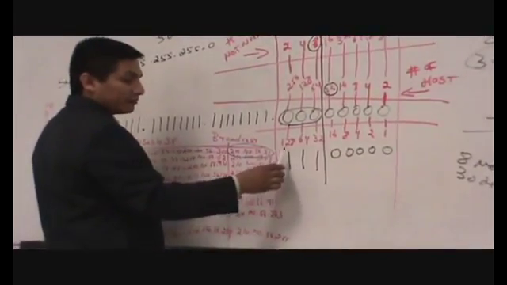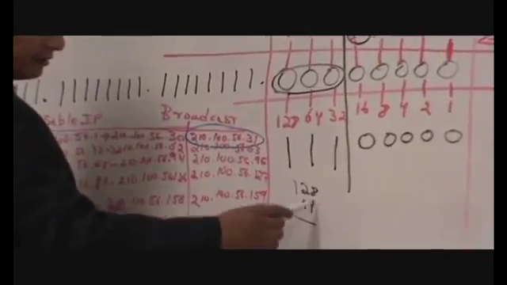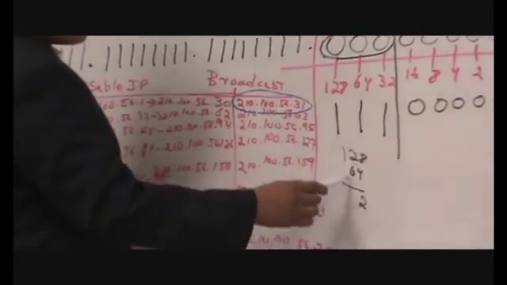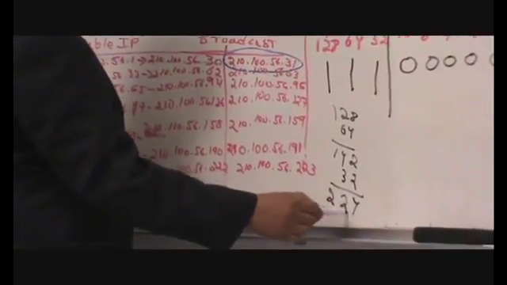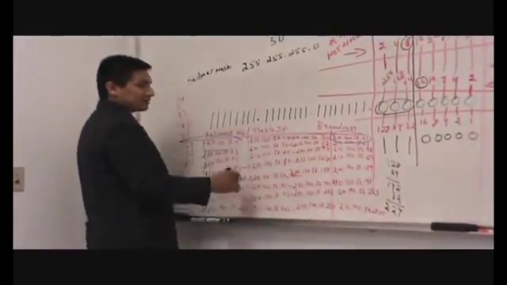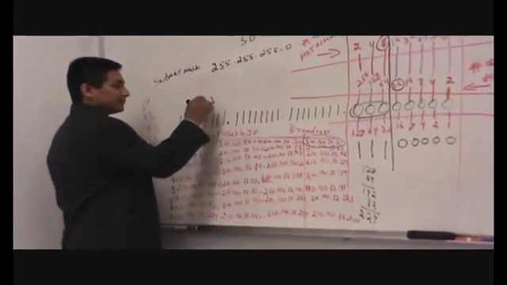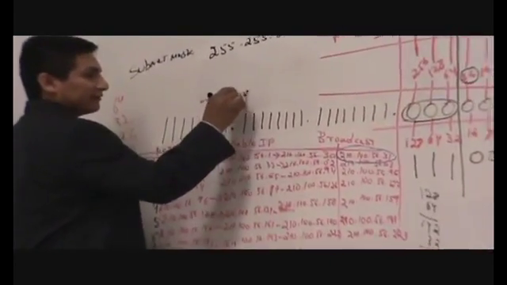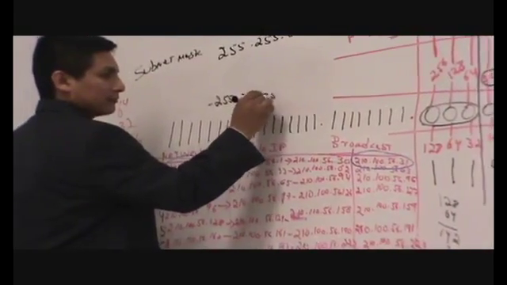Now, if we add these numbers, 128 plus 64 plus 32 gives us what? Well, 128 plus 64 is 192, plus 32 is 224, right? 224. So our new subnet mask for all of these IP addresses is going to be 255.255.255.224.